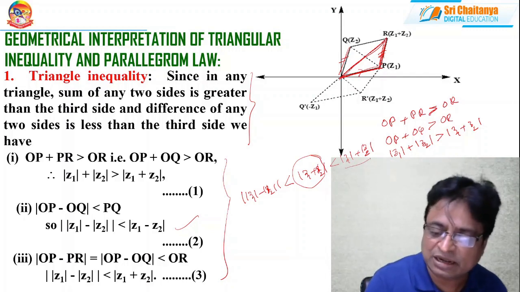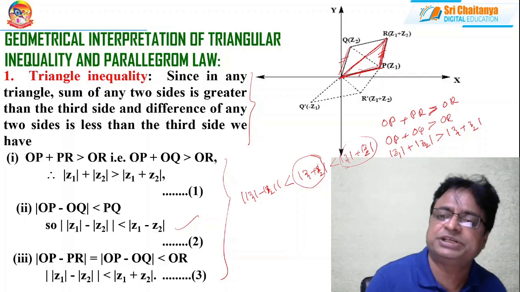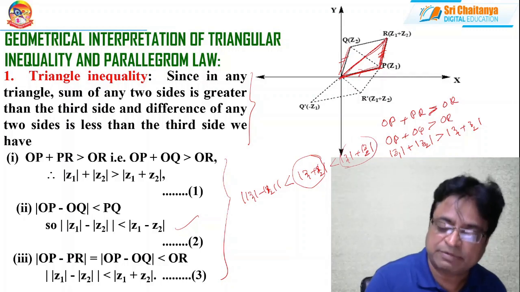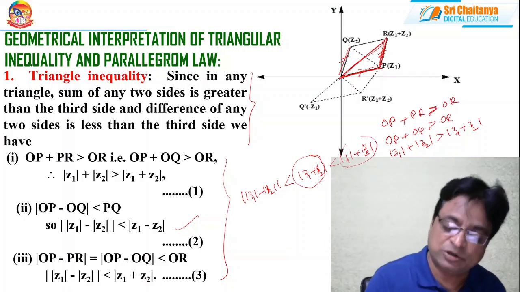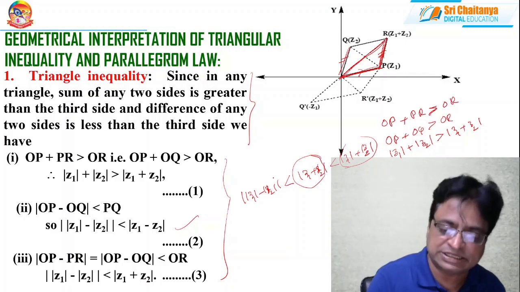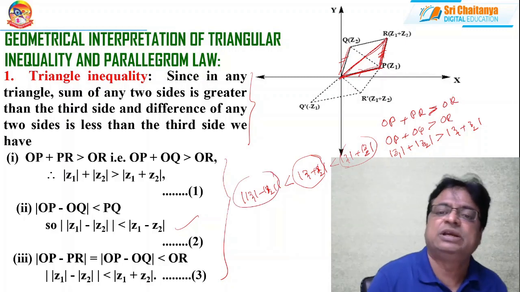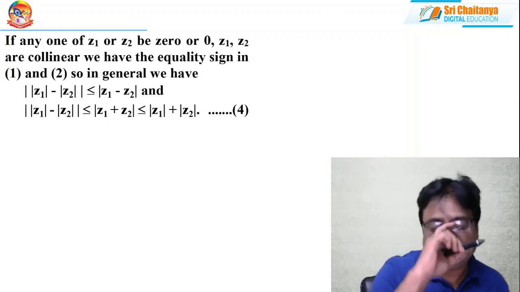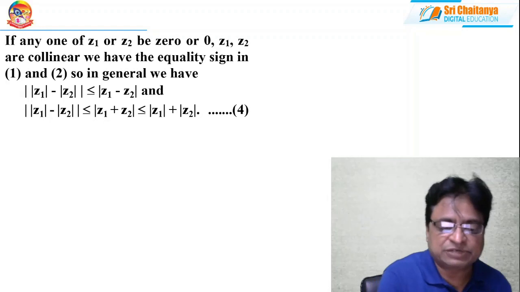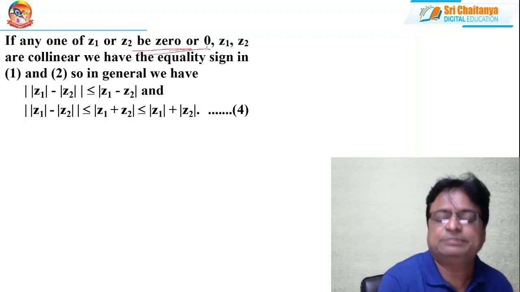So this is the greatest value of the absolute value of the sum of two complex numbers. This is the least value of the absolute value of the addition of two complex numbers. So here the equality holds good if at least one of the complex numbers is 0.